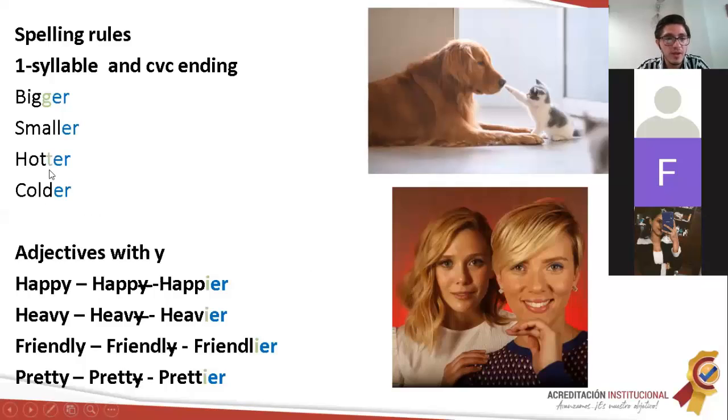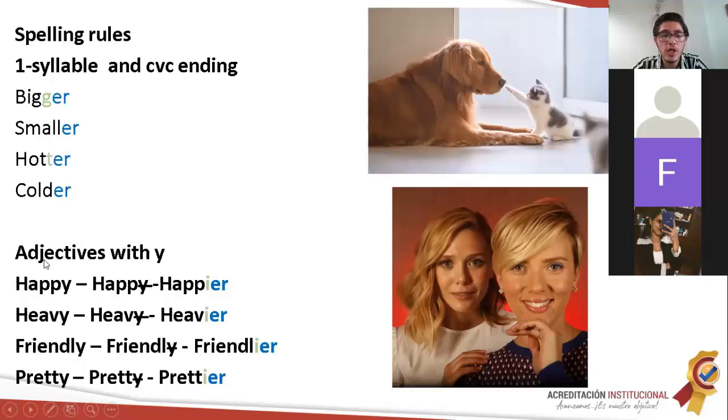Fabian, which celebrity is hotter, Scarlett Johansson or Elizabeth Olsen? Who is hotter? Absolutely, Scarlett Johansson is hotter than Elizabeth Olsen. We have colder here. As you can see, colder doesn't have the CVC ending. That's why we don't double the D here.